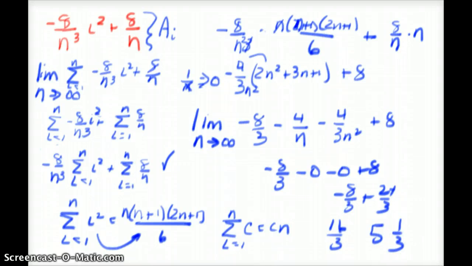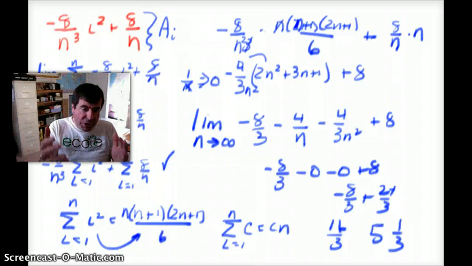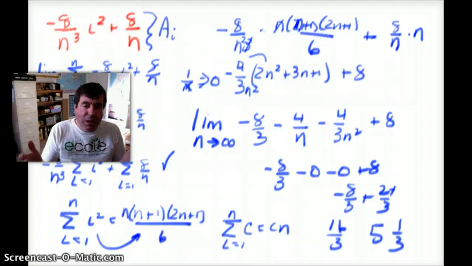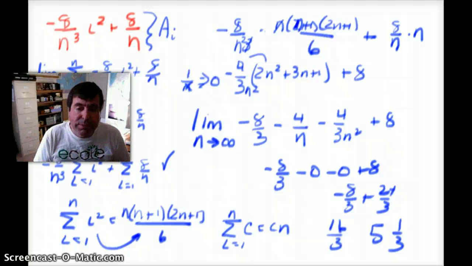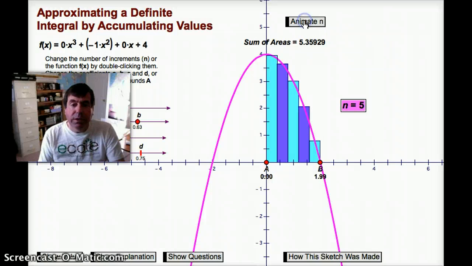Now, let's pause here for a second. What we did is I showed you the shortcut to get that 5 1/3. I showed you where we actually did the area under the curve, and it did approximate that 5 1/3, which is really very interesting. And so here, let's show that again. Okay, so here you are.